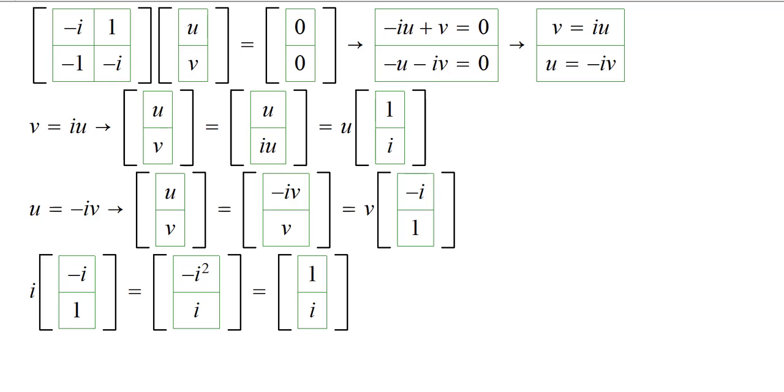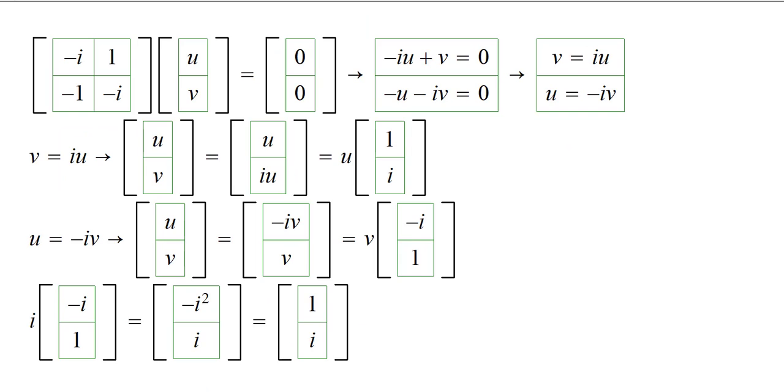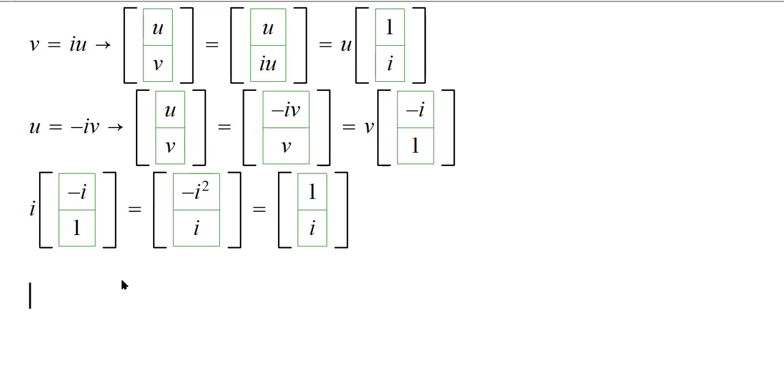So our strategy here is going to be this. We have complex numbers, but we are going to stay in the realm of real valued solutions. First, recall that this is an eigenvector corresponding to the eigenvalue 1 plus i. So a solution is going to be, remember what we did?